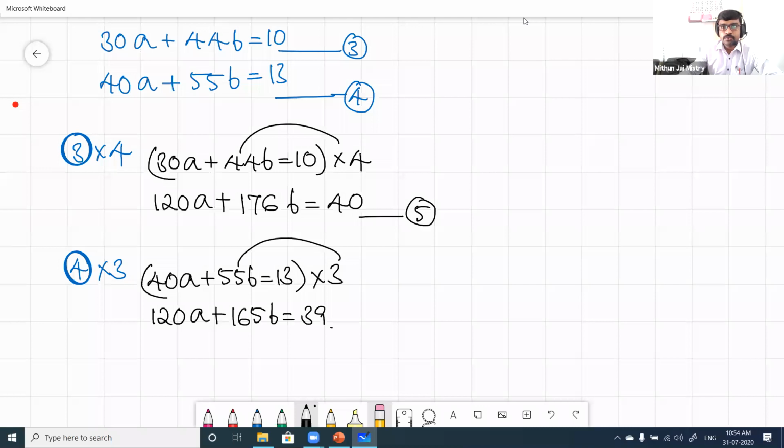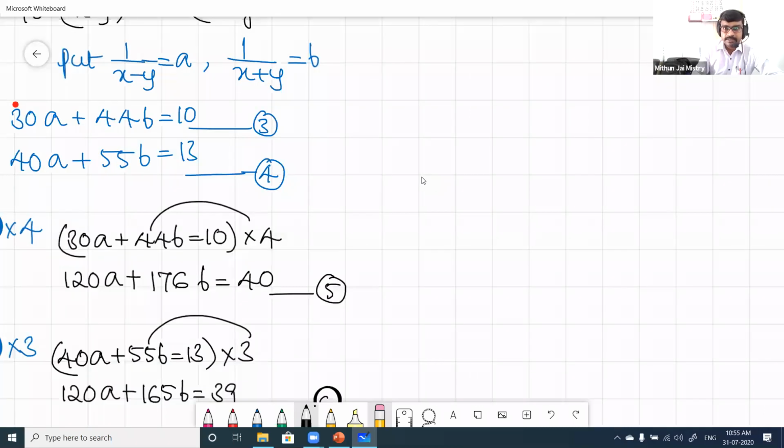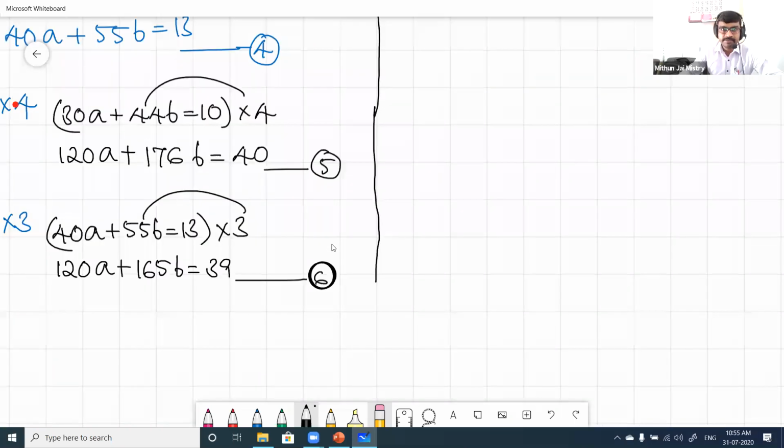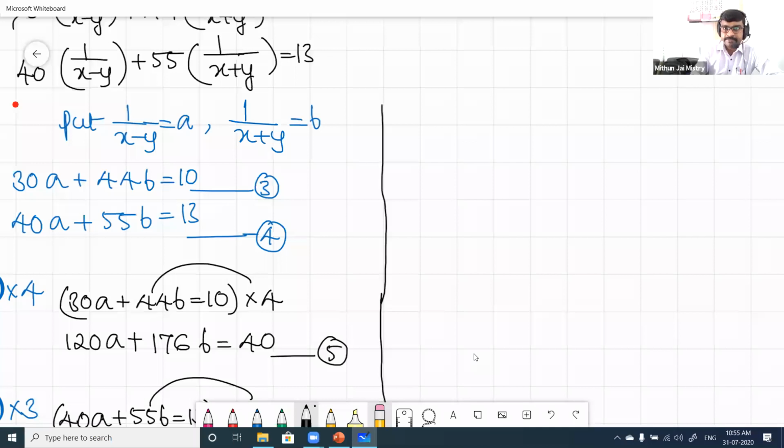So what can I do? Now I can do some subtraction, right? But what from what? 5 minus 6 or 6 minus 5? Let me go with 5 minus 6. Equation 5 minus equation 6, that's what I'm going to do.